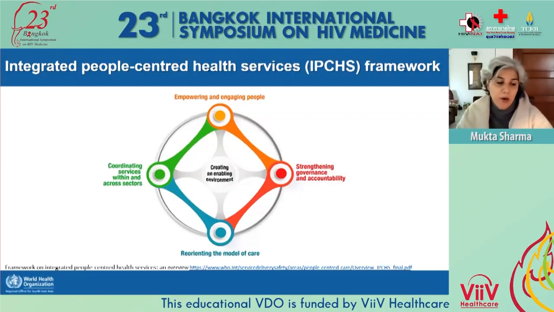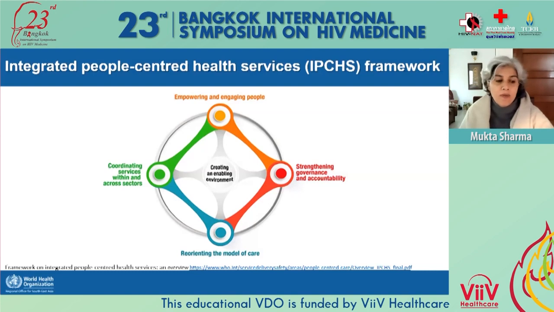The other pillar of this integrated people health services is strengthening governance and accountability, reorienting the model of care, coordinating services within and across sectors. And for all of this, we need an enabling environment.